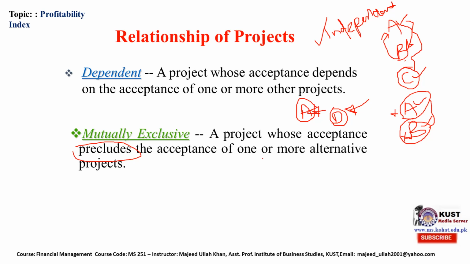An example of mutually exclusive projects would be like this. If you want to repair your old machines, this is one project. The second project is if we want to totally replace the old machinery. If we undertake the second project, we will not repair the old one. If we repair the old one, we will not accept the second project. These are mutually exclusive projects.